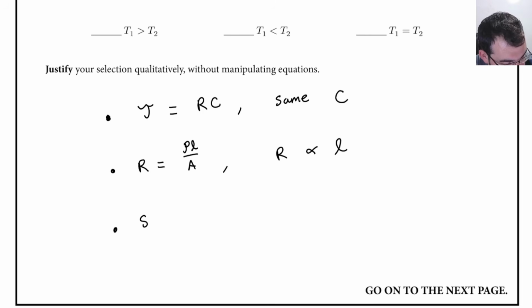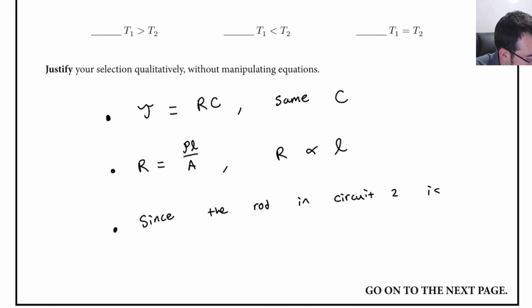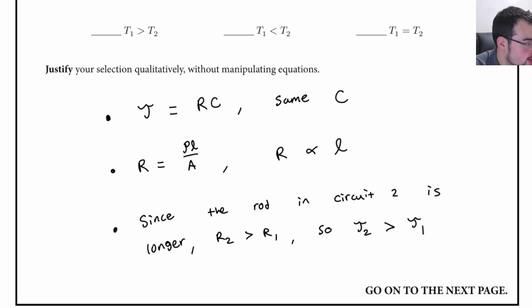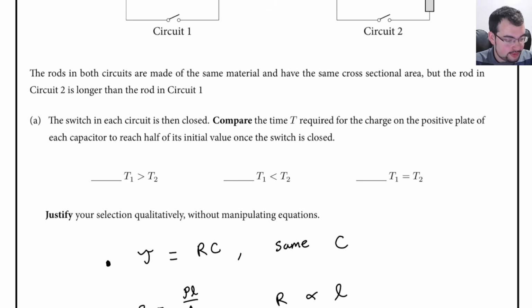So since the rod in circuit 2 is longer with the same area, R2 is larger than R1. So tau 2 is larger than tau 1. So any other time is going to take longer in the second circuit.